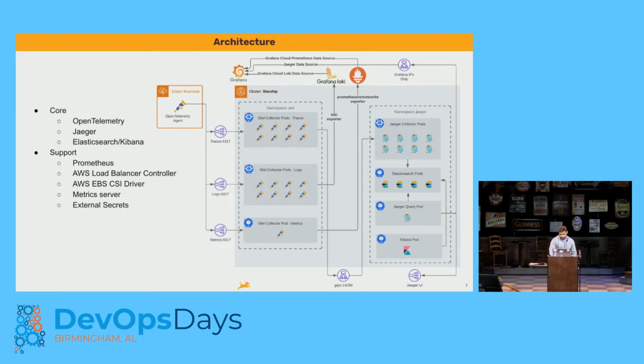All right. For the logs and for metrics, we are in a hybrid. We're in Grafana Cloud right now, and so we're leveraging Grafana Cloud's hosted Loki and hosted Prometheus.